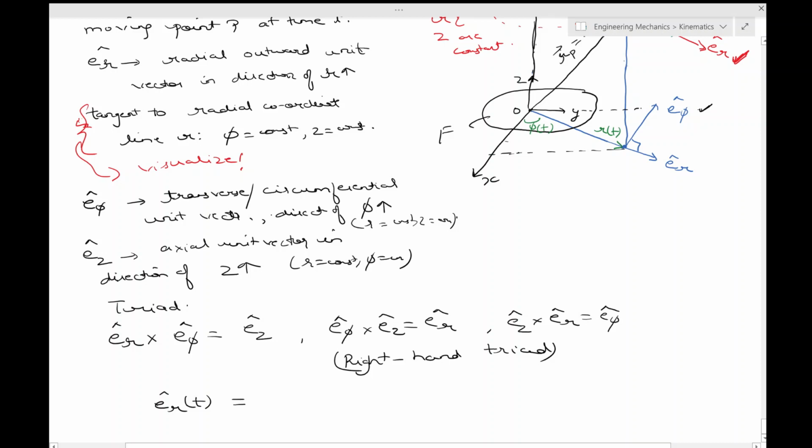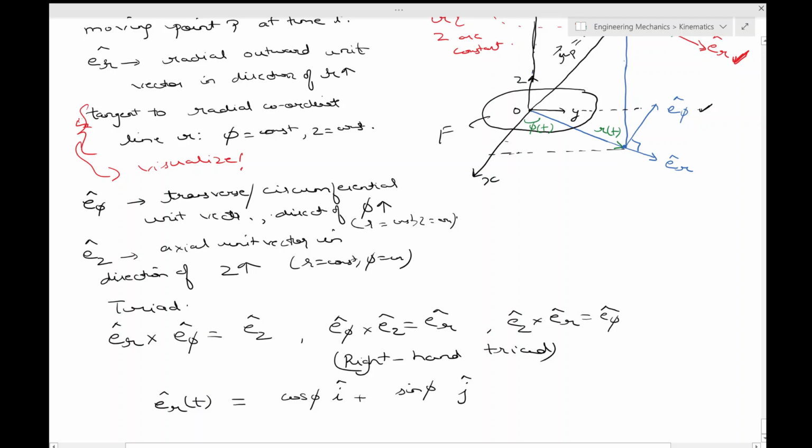Okay, now the radial er direction can be written as cos phi i hat plus sin phi j hat. Okay, how is this written? What you have to do is just let me draw.